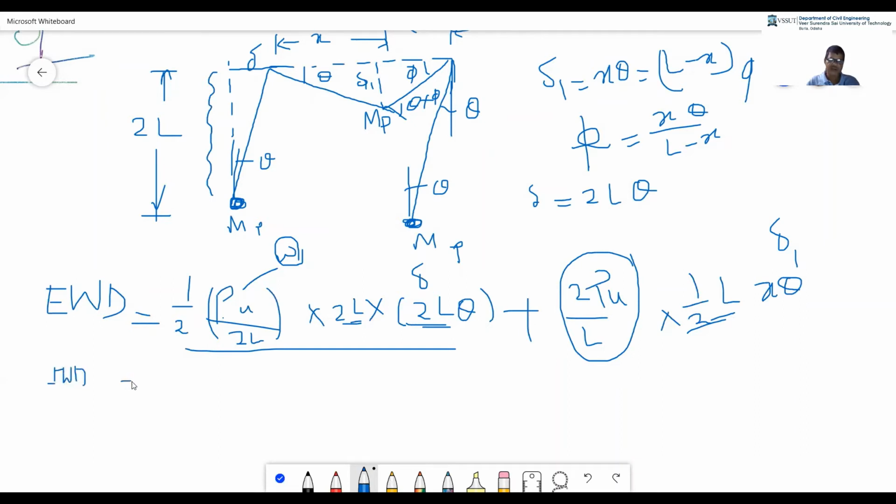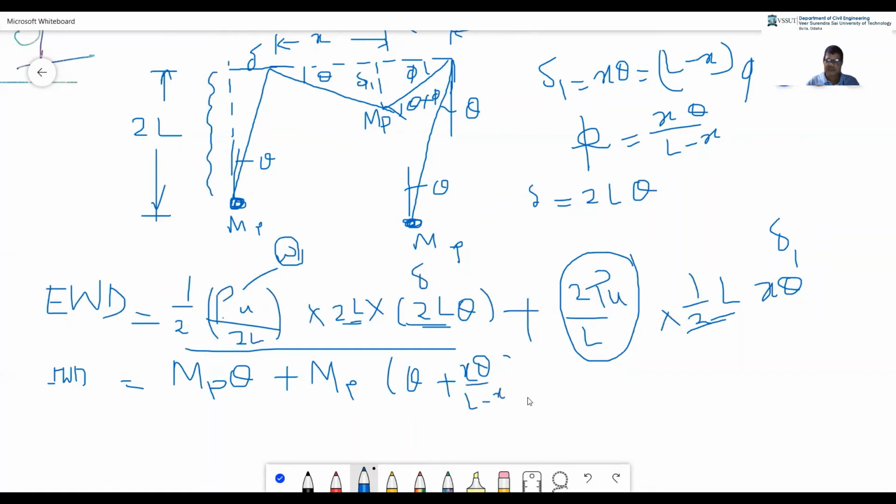What is the internal work done? MP into theta plus MP into theta plus phi. So phi is nothing, you can write down x theta by L minus x. That is theta plus phi, x theta by L minus x.